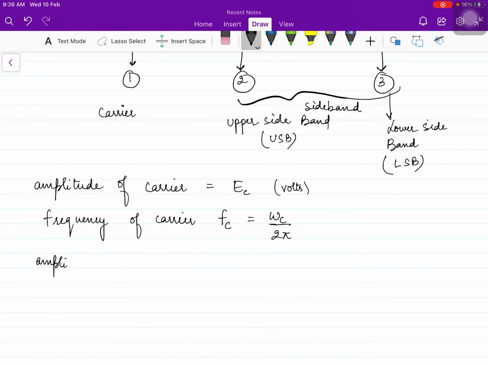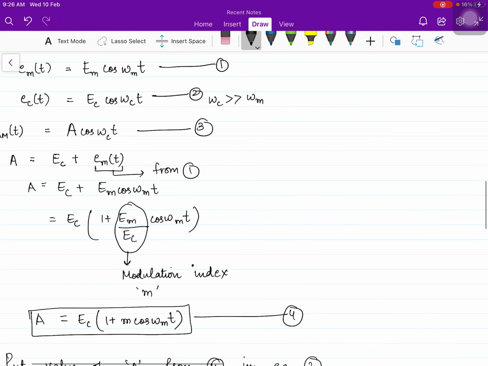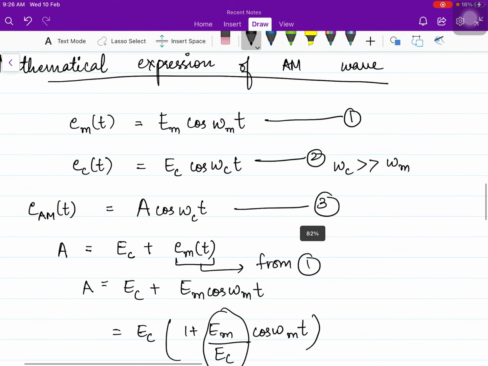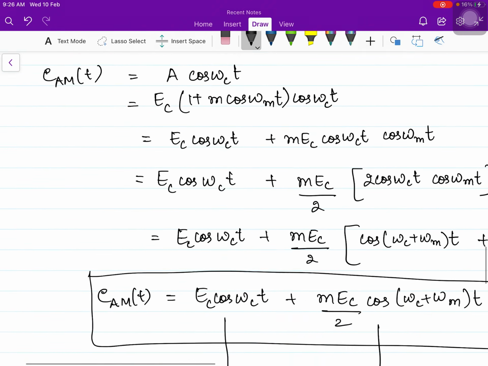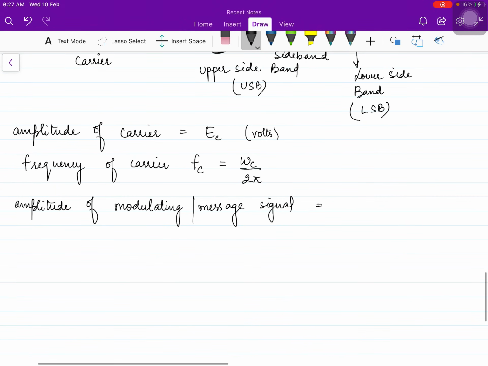Similarly, if I ask you what is the amplitude of the modulating signal, or you can say message signal, both are the same thing, then look at the expression of the message signal in equation number 2. Here, it is very clear that the amplitude is Em, again the unit is volts.